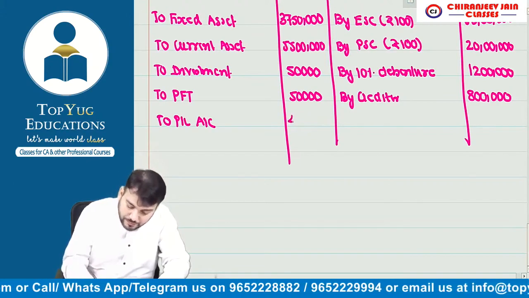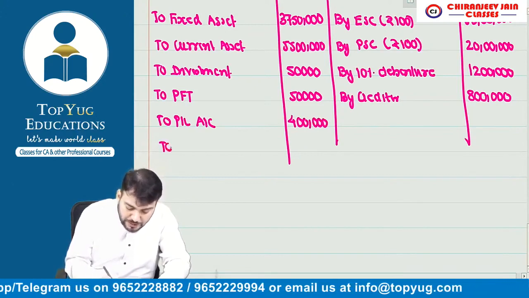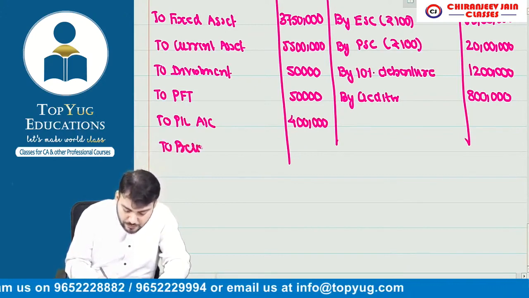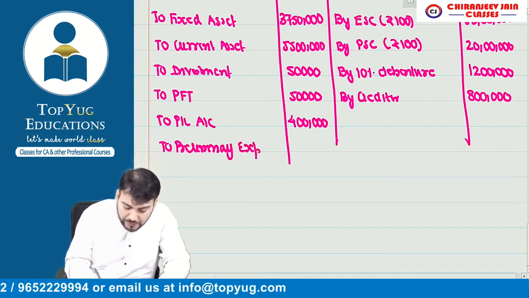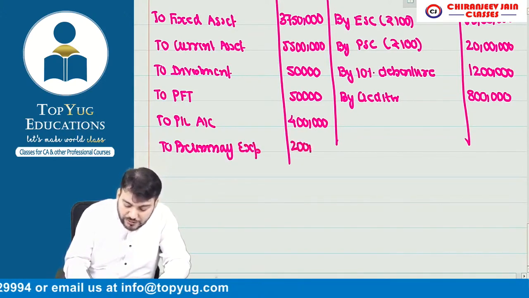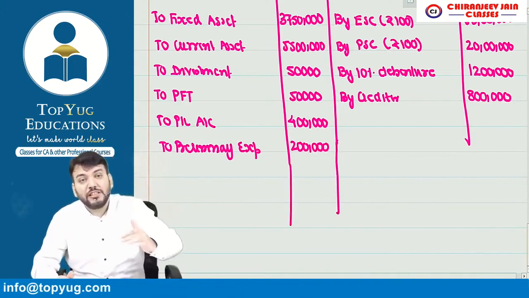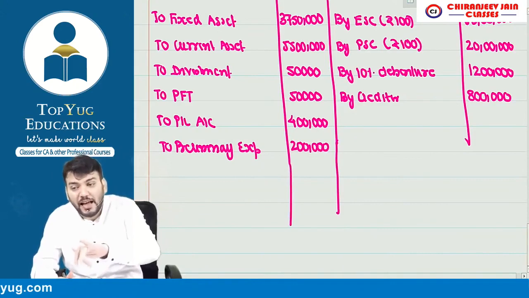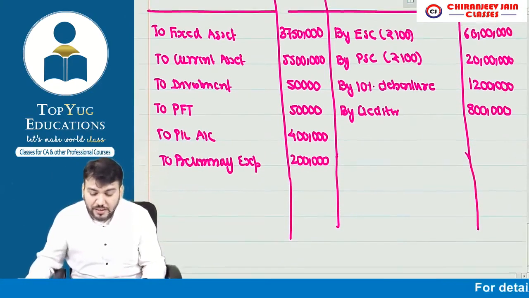Correct. And then to preliminary expenses, that is 2 lakh. So you can see on the debit side we have written all the losses written off by reduction of capital, and the claim and the liability. Correct. So for any surplus, we check whether it is surplus or deficit.